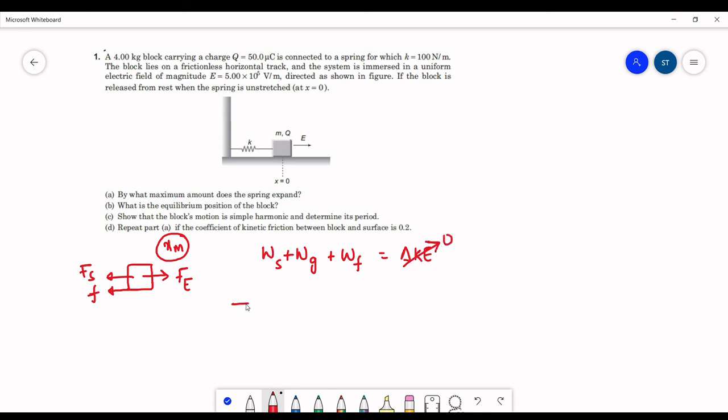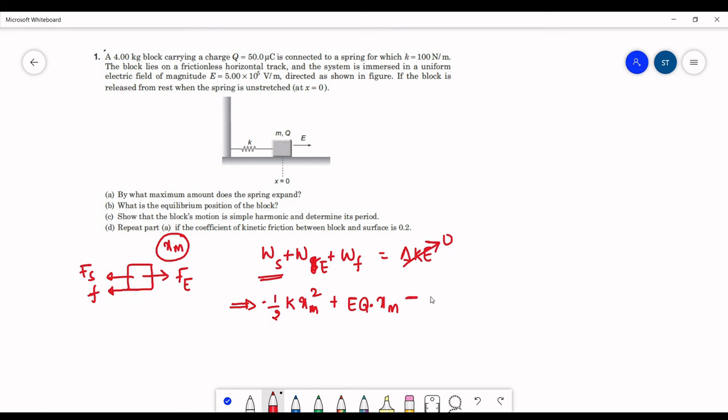So here work done by spring force will be minus half k xm square. Work done by electrical force will be EQ into xm. Plus work done by frictional force. Friction will be doing negative work here as the force is acting opposite to the displacement.